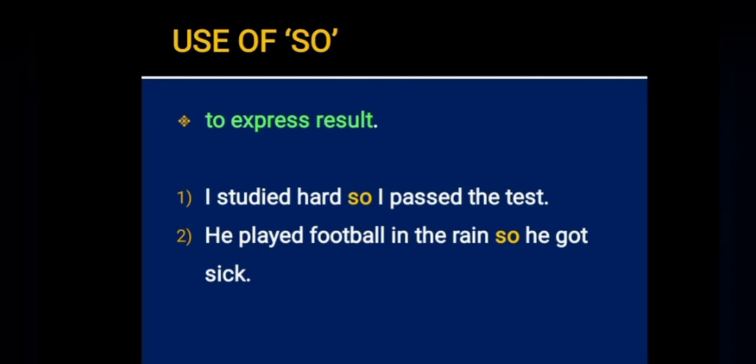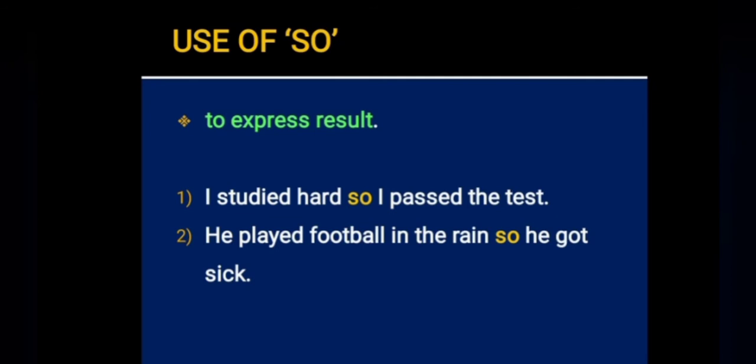So, the conjunction "so" is used to express a result of the previous action, the result of the action that took place in the first clause or sentence.